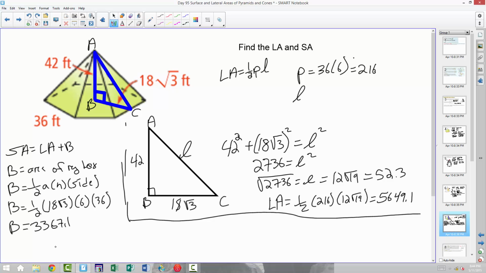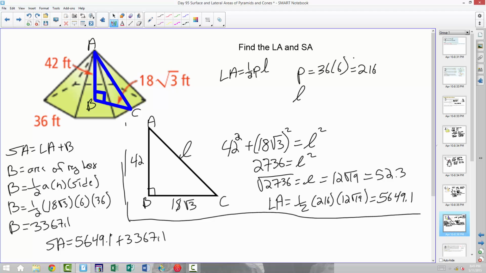So my surface area is lateral, which is 5649.1 plus 3367.1.